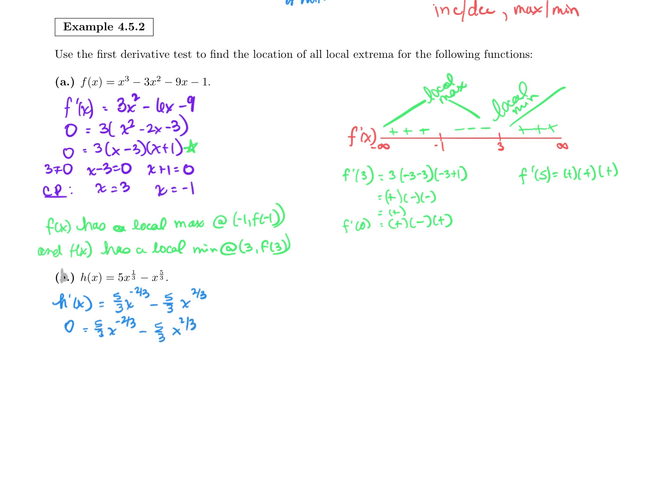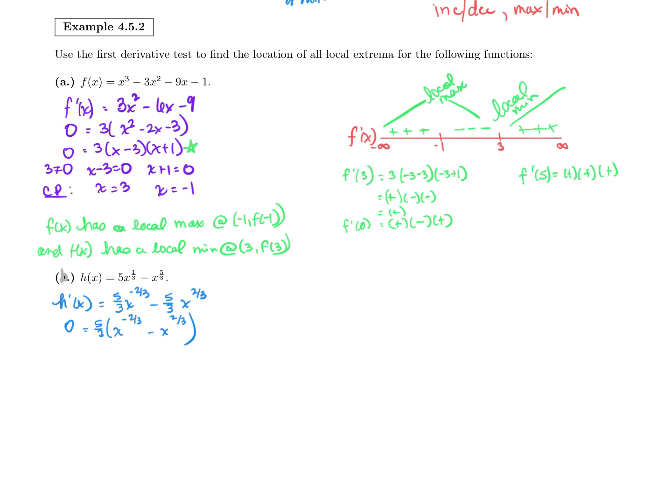And we could just go ahead and factor out that 5/3. So let's do that. Instead of writing it this way, we'll write it as 5/3 times the quantity x to the -2/3 minus x to the 2/3.